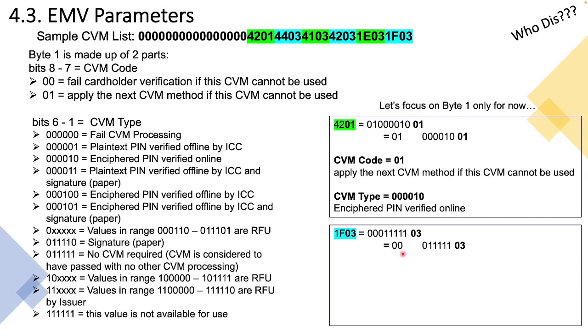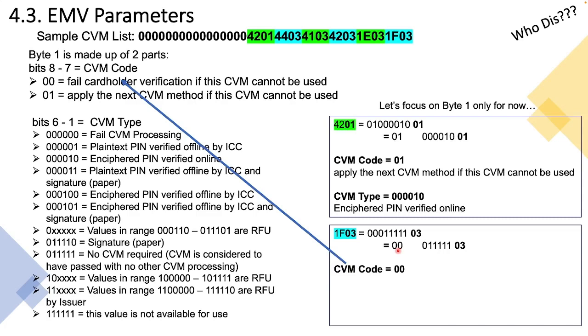So you've got your CVM code, which is 00, and your CVM type, which is 011111. Okay. Remember, we're ignoring byte 2 for now, so don't worry about the 03 at the end. We'll discuss it just now. So we said CVM code is 00. There we go, which is the first one.